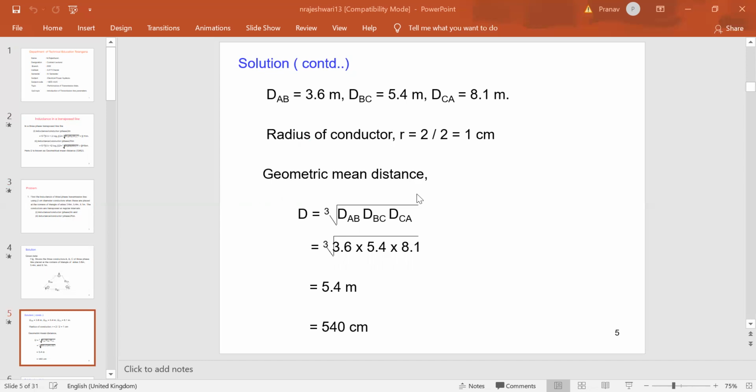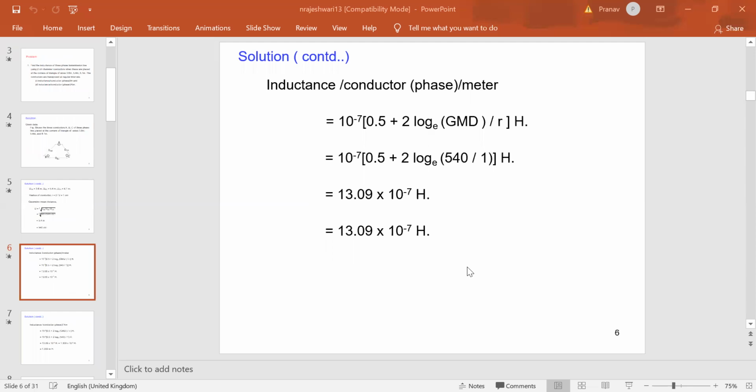The geometric mean distance, D, is equal to the cube root of DAB, DBC, and DCA. So the cube root of 3.6 into 5.4 into 8.1. Finally we get 5.4 meters as the geometric mean distance, that is GMD or capital D, which is 540 centimeters. By substituting these values in the formula, we get the inductance per conductor per meter.